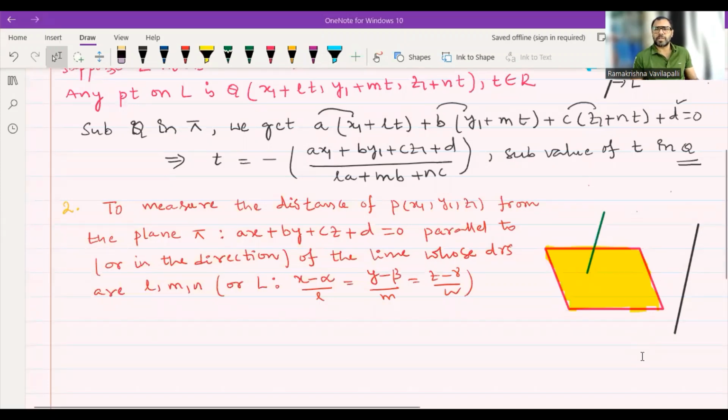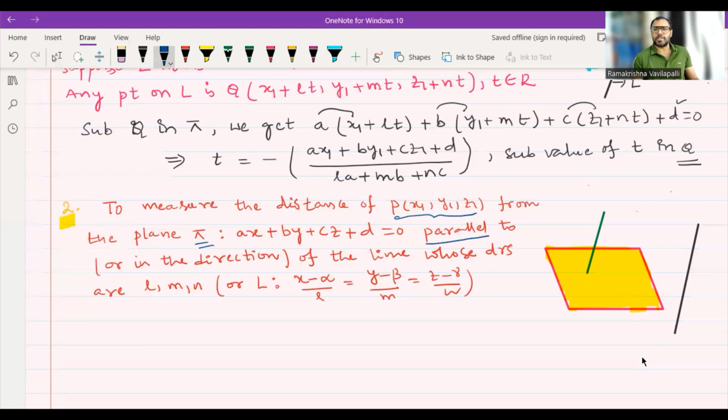So how do we apply this concept, the point of intersection of a line and a plane, in measuring the distance of a point parallel to another line? Here, the second one is to measure the distance of the point P (x1, y1, z1) from the plane phi parallel to a line.